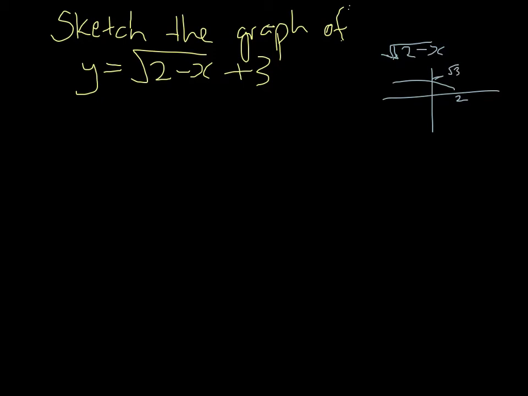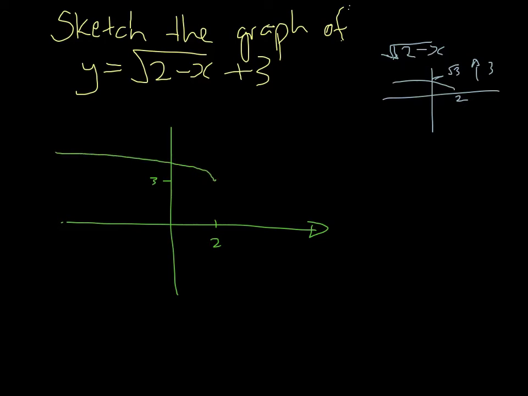So for the graph we're looking at, by the time we add 3 to it, it's got to shift the whole thing up by 3. So the graph that we're going to be looking at here, yes, it will start at 2, and it gets shifted up by 3. So if we have a coordinate of 3 there, that'll give us our starting point, and it'll go up like so.